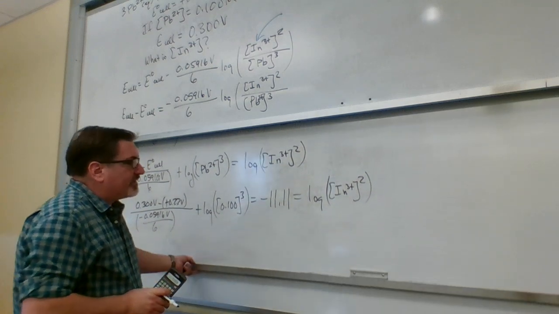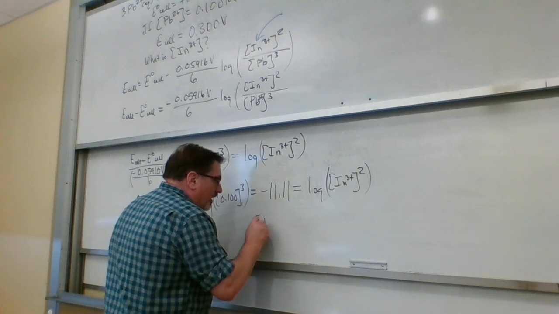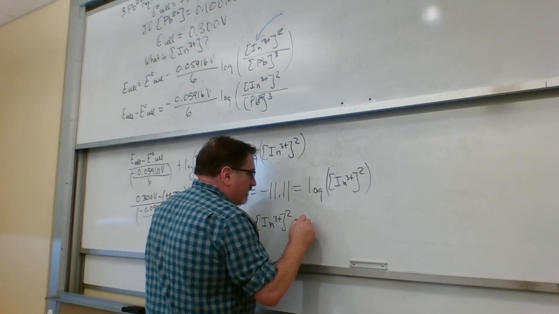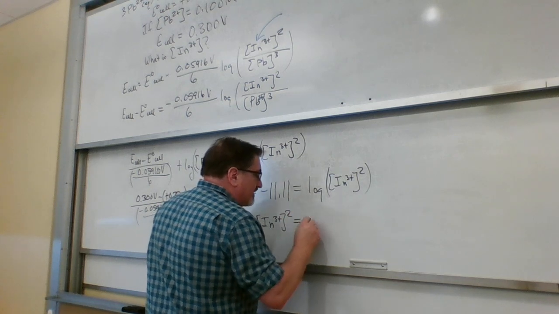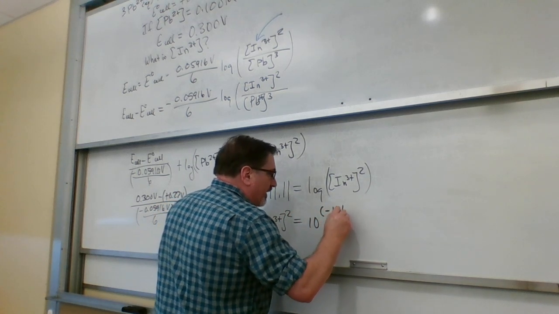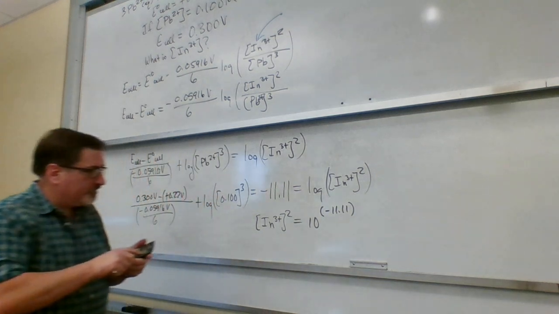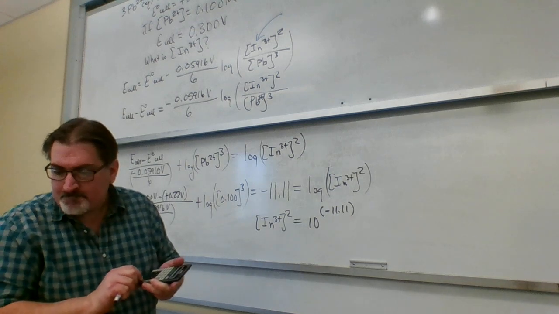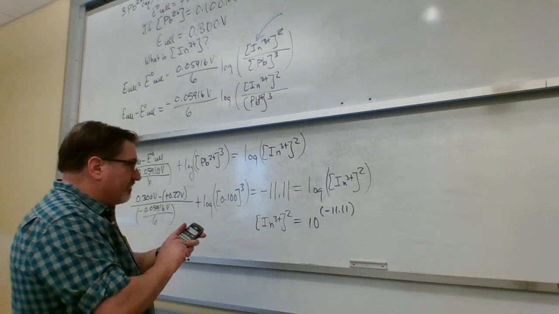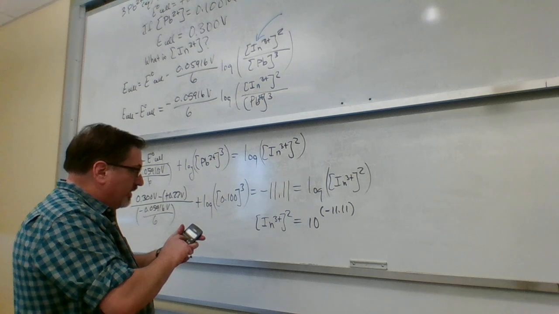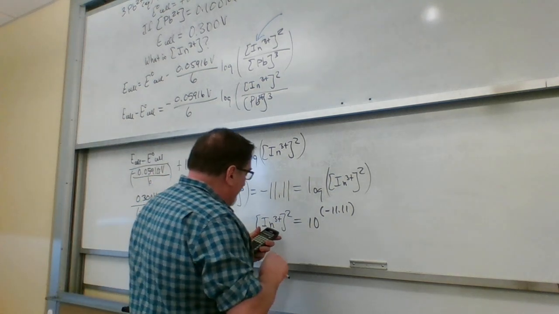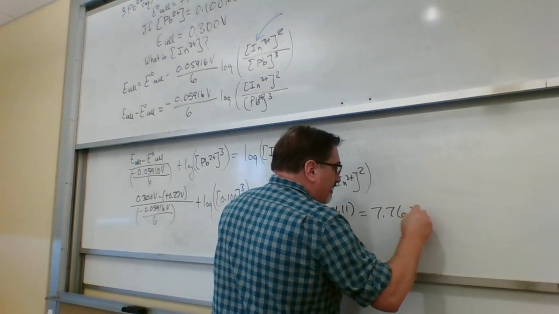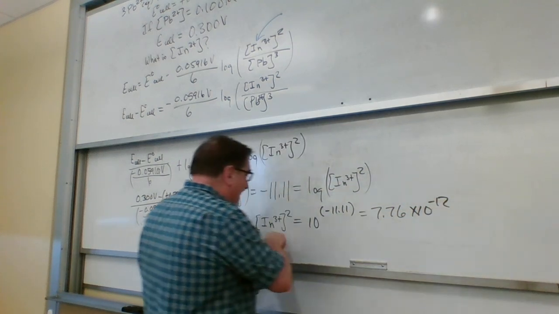So as we simplify this, In3+ squared equals the anti-log, or 10 to the power of minus 11.11. So minus 11.11, second function, log, 7.76 times 10 to the minus 12. That's indium squared.